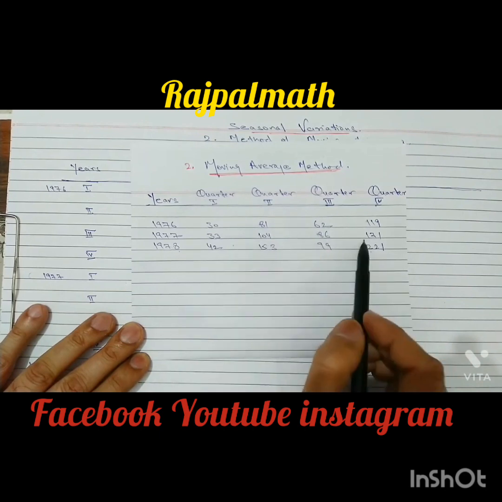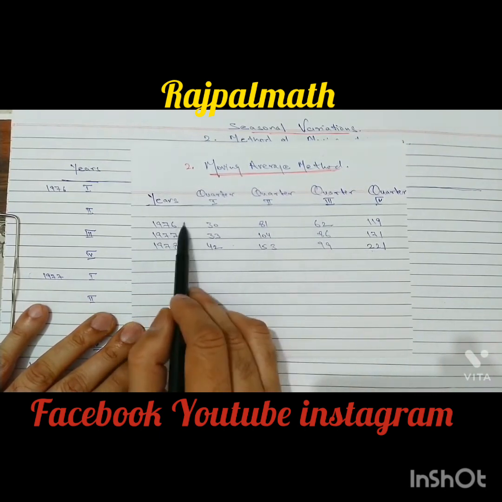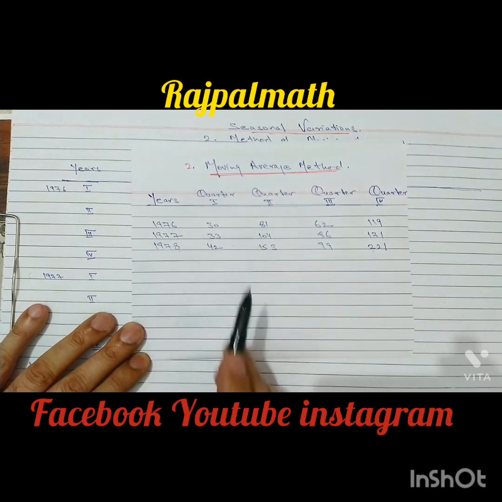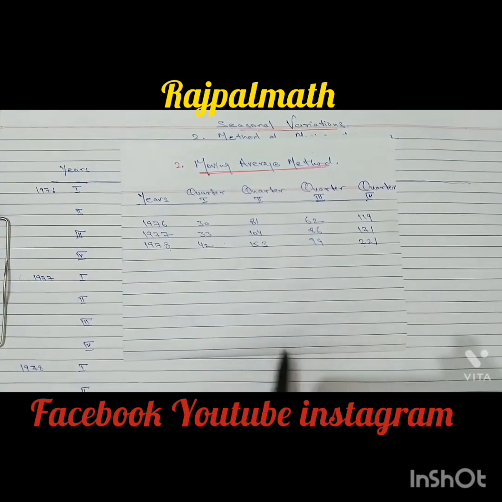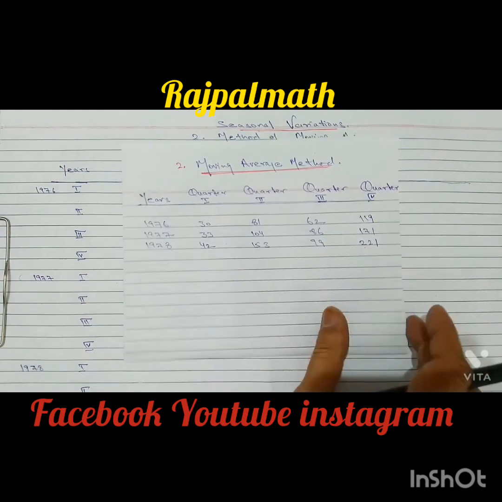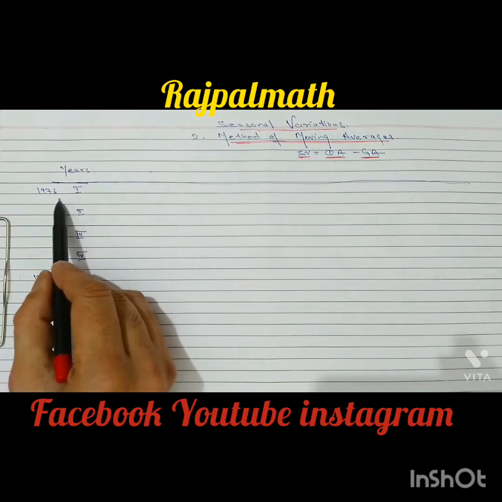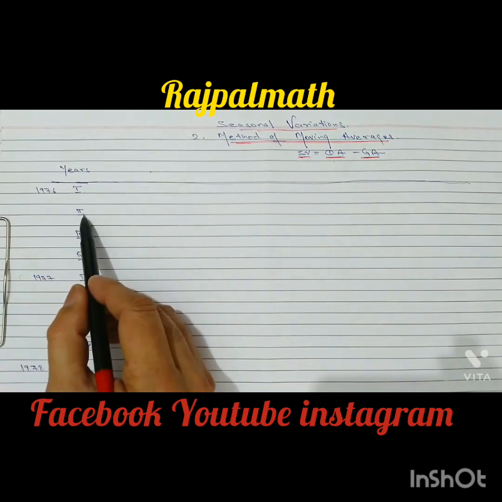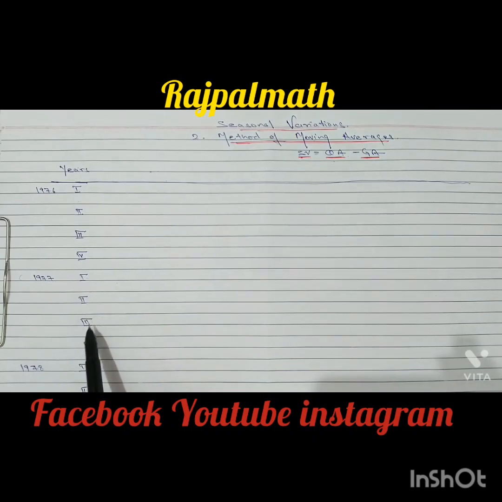The data is given row wise for each year. First rewrite this data column wise: for 1976, quarter 1, quarter 2, quarter 3, quarter 4; for 77, quarter 1, quarter 2, quarter 3, quarter 4, and so on.